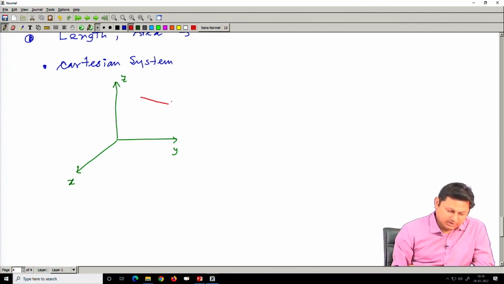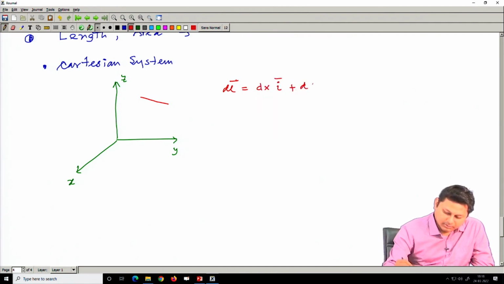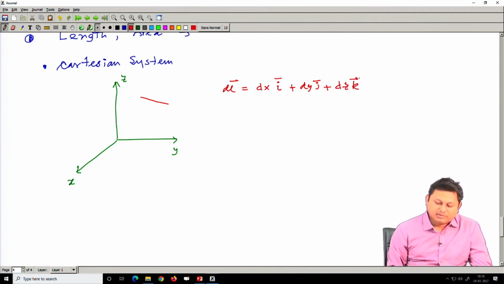Any length given here, suppose this is a length element, in terms of a vector is simply given as dx i plus dy j plus dz k. This is the vector we are having.